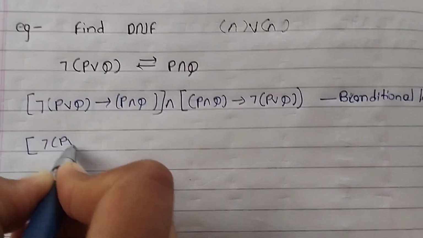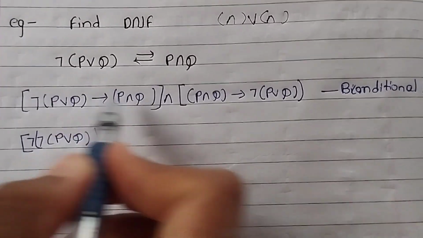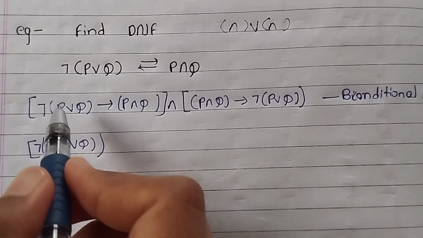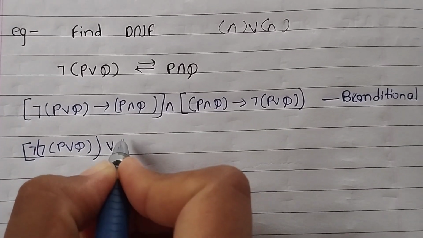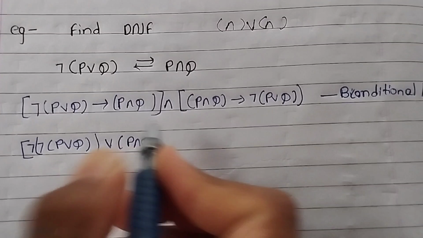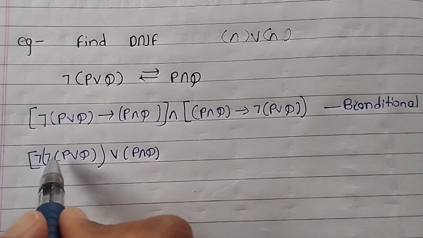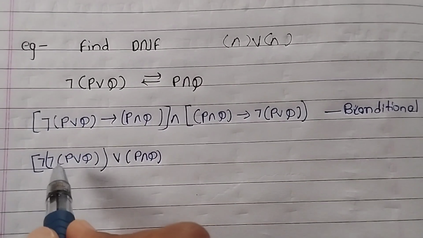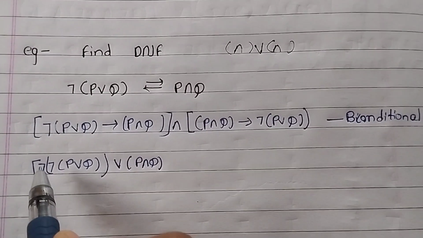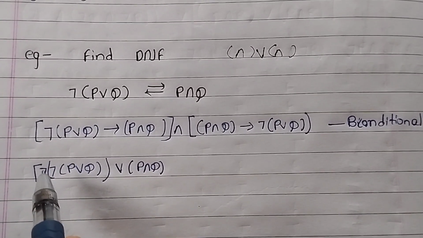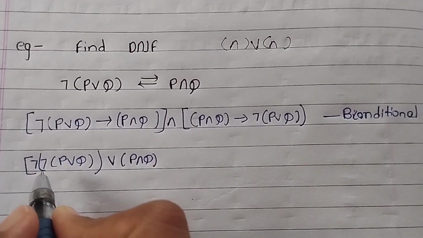Now here we use the conditional law. The equation P or Q, but the conditional law we know. Suppose these two brackets are P and Q, then it is the negation of the first variable ORed with the second variable. The first negation is from the conditional law and the second negation is from the whole P, meaning this negation is kept as it is from the above equation and the second negation comes from the conditional law. That's why now two negations are present.